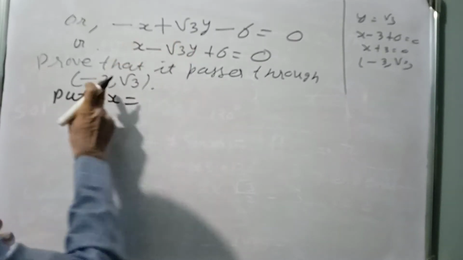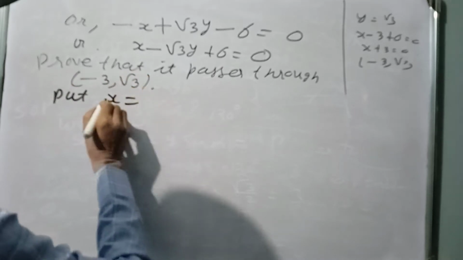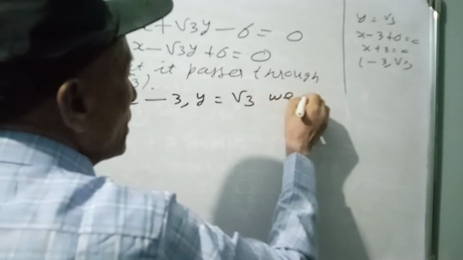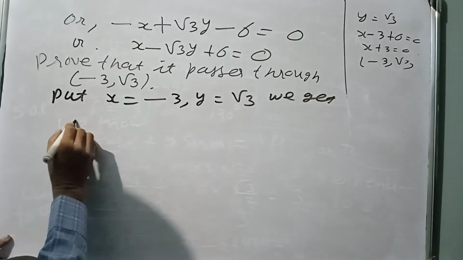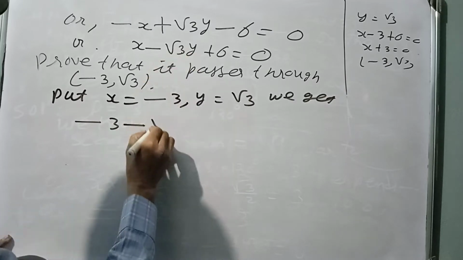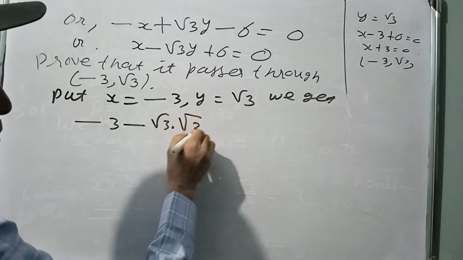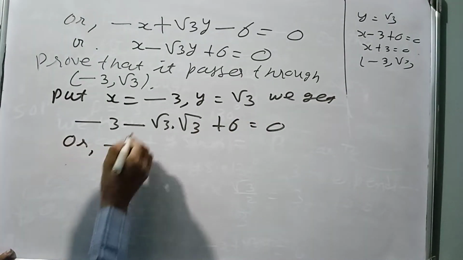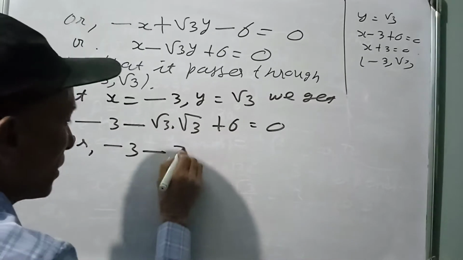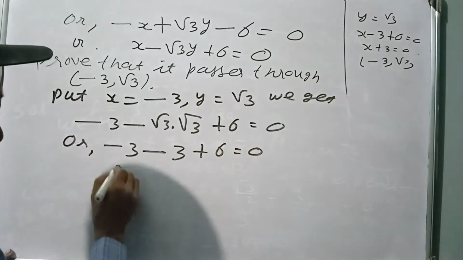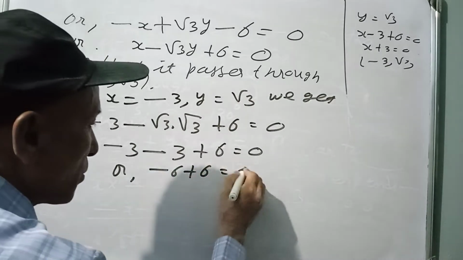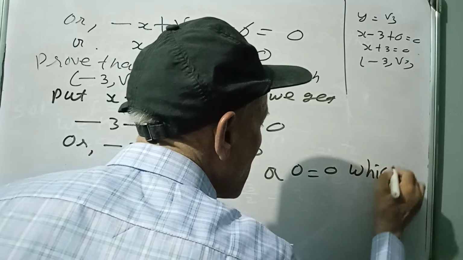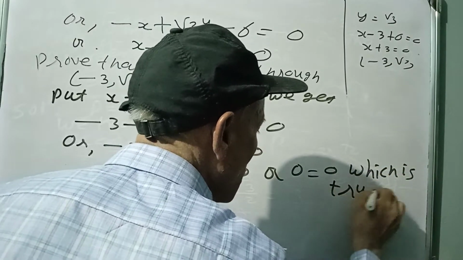Put x equal -3, y equal √3, we get x minus √3 y plus 6 equal 0, or -3 minus √3 into √3 plus 6 equal 0, or -3 minus 3 plus 6 equal 0, or -6 plus 6 equal 0, or 0 equal 0, which is true.